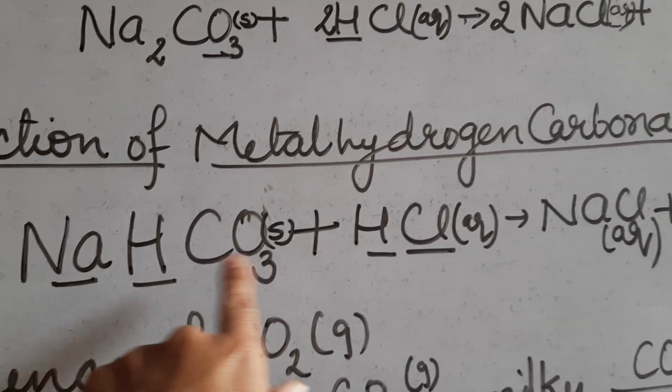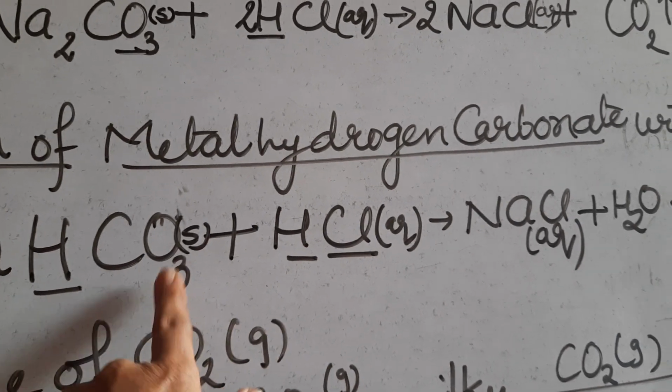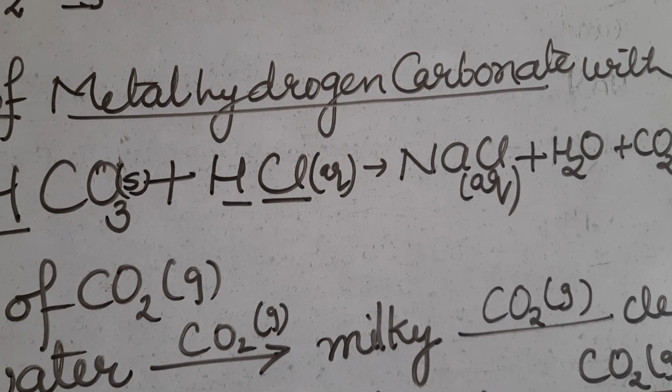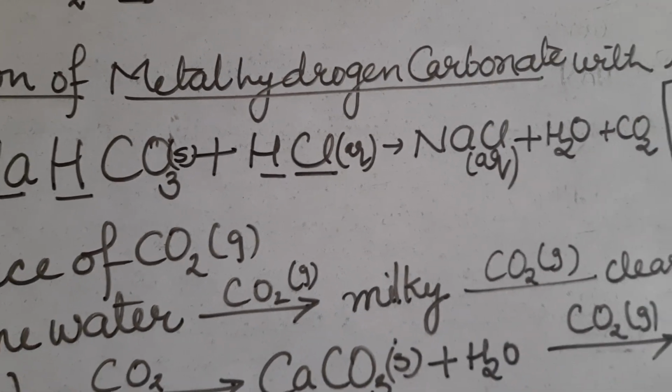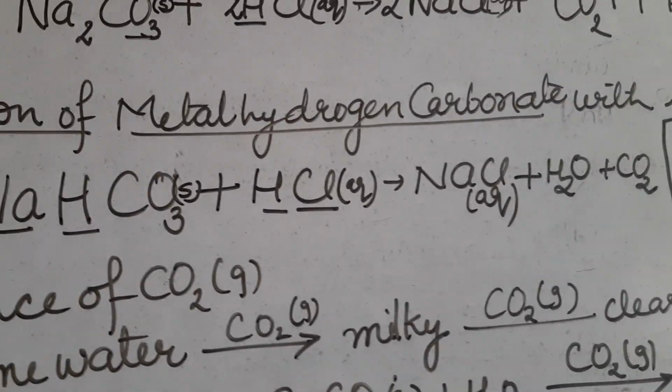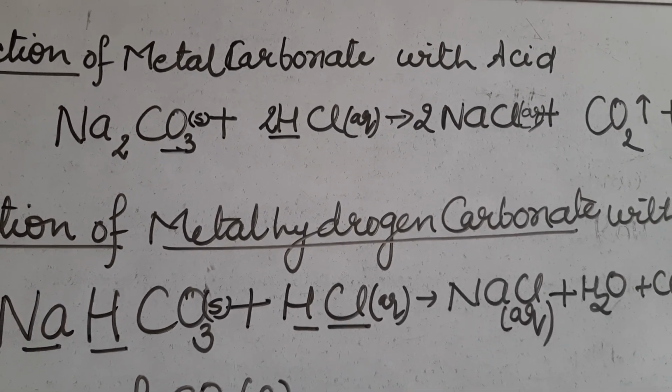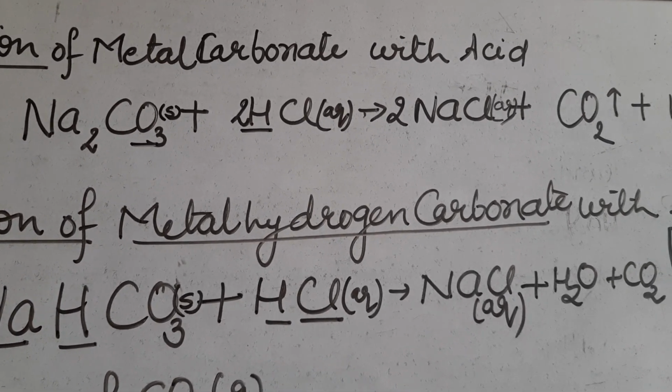This H ion and this oxygen combine to give water, and carbon dioxide gas is released. So metal carbonate, when it reacts with acid, gives salt, water and carbon dioxide.